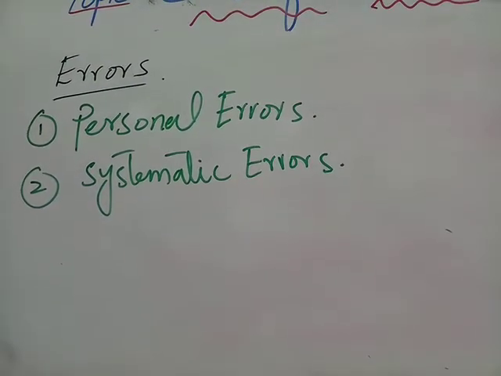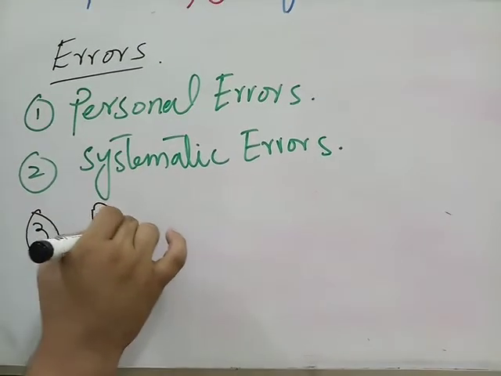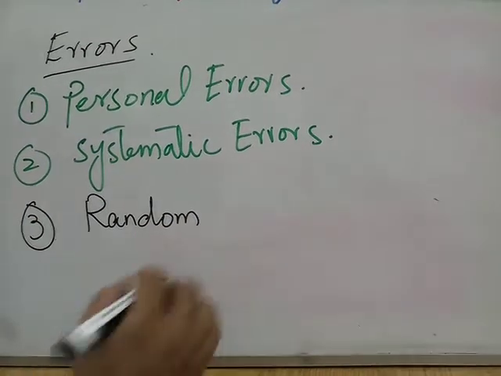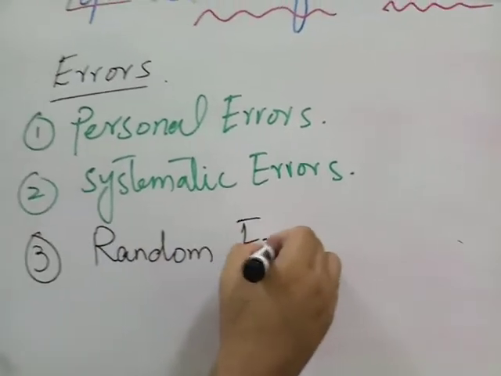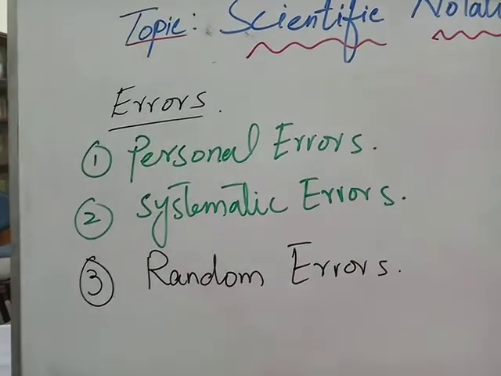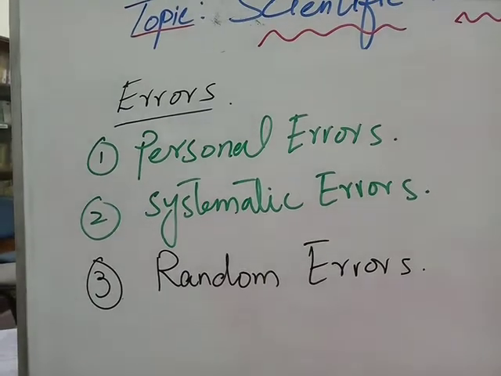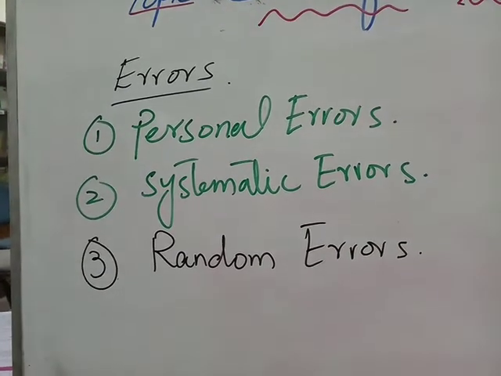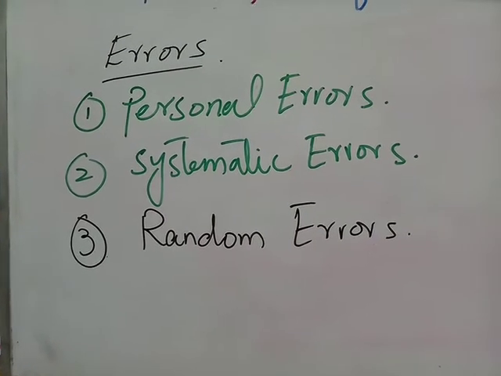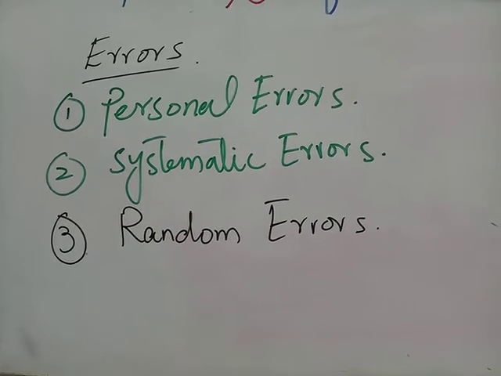And the third is random errors. We also treat random error as a personal error, but in your book there is another heading. So now explaining the first, personal errors.